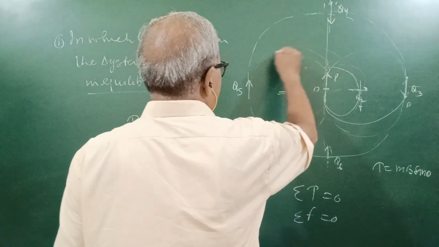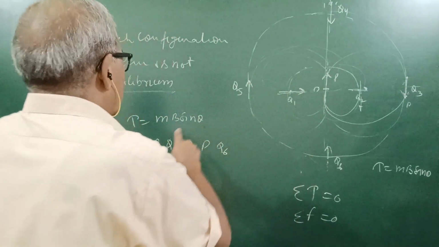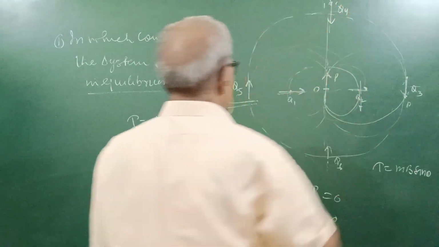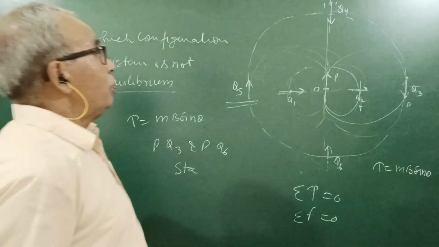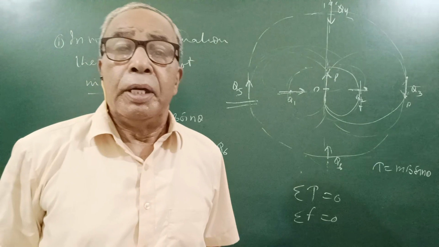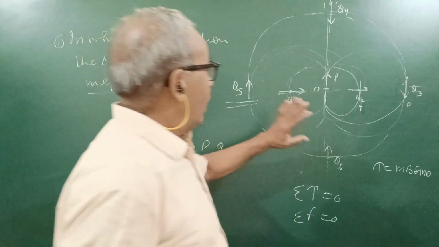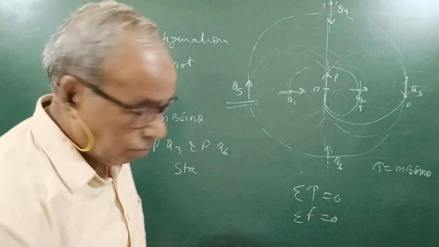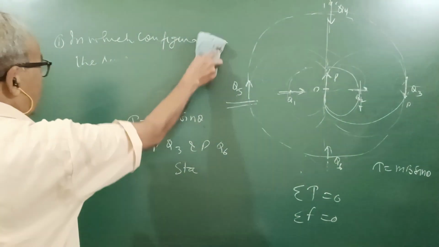Now here it is anti-parallel, theta is 180. Equilibrium is there, but that is unstable. PQ5 and PQ4 will be in unstable equilibrium.